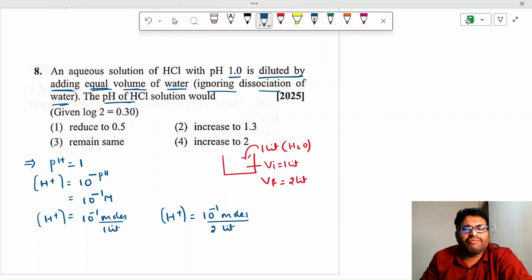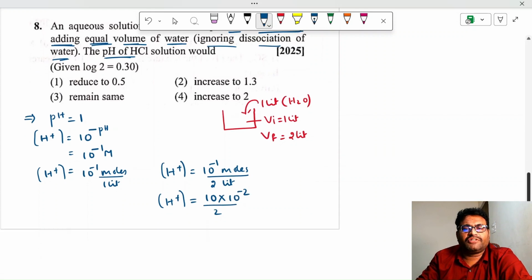Then what do you get? H plus ion concentration is equal to 10 into 10 power minus 2 by 2, so 5 into 10 power minus 2.